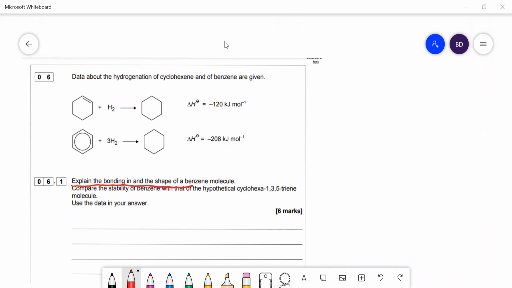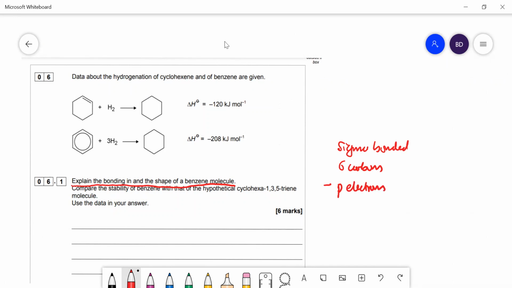So what you're going to say is you have got a sigma bonded ring of 6 carbons, and you also have the p electrons.